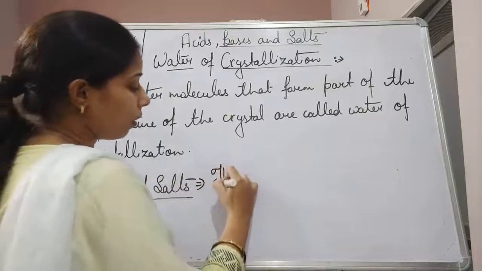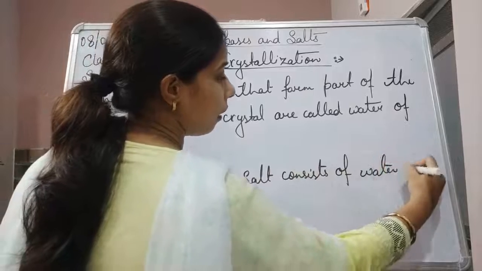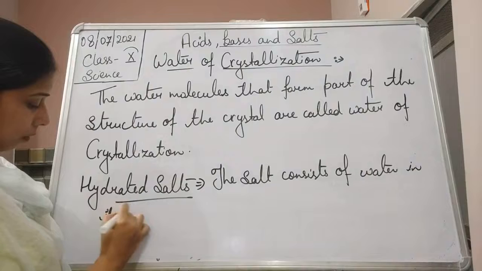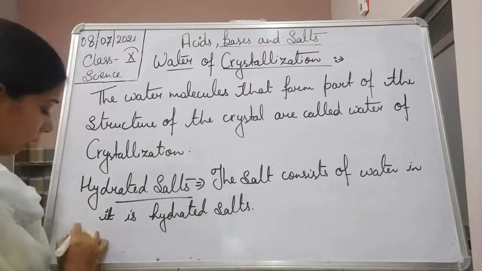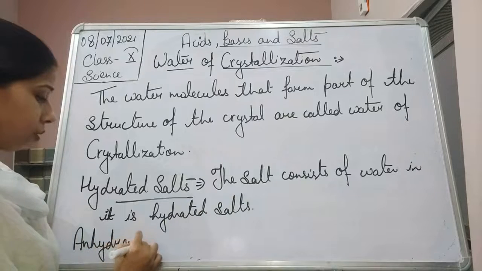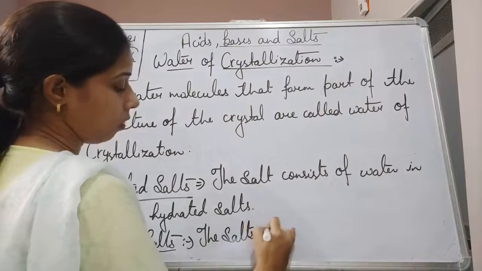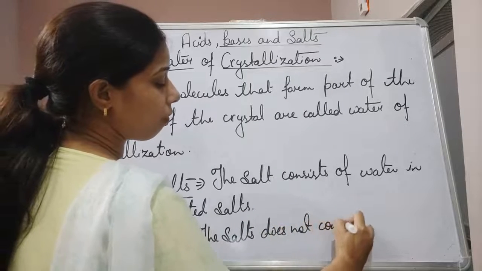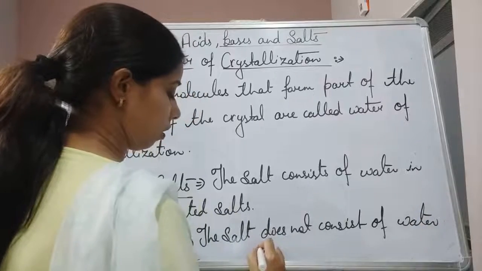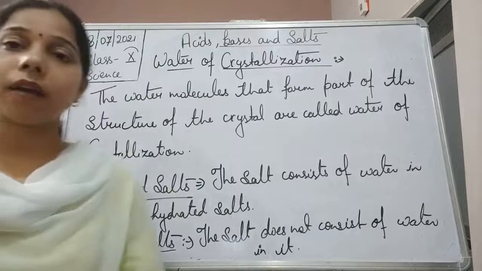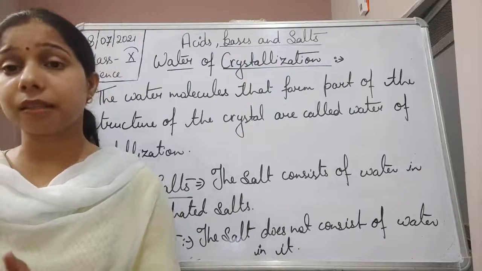So a salt that consists of water in it is a hydrated salt, and another one is anhydrous salt: a salt that does not consist of water in it.